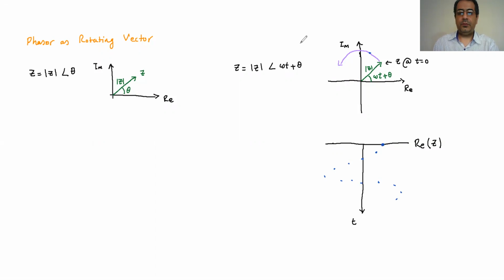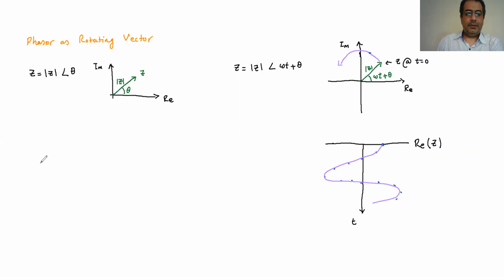I'm going to have some form of sinusoidal wave if I just plot the real value of that rotating part. Whatever is the projection of that vector on the real axis at each time, I draw it here. It's going to be this form.